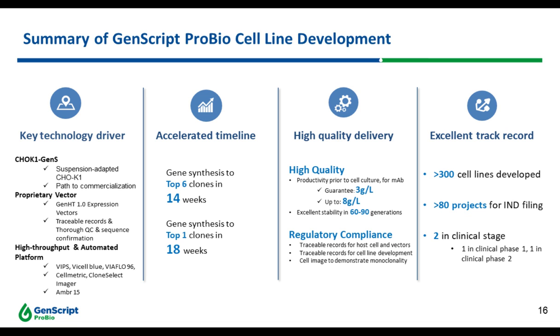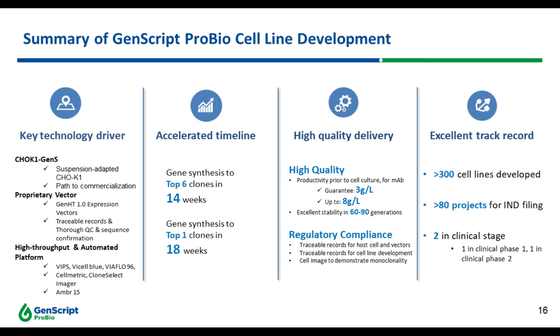You can accelerate your cell line development timeline, which means it accelerates the overall drug development timeline. From gene synthesis to top clones requires only 14 weeks, and from gene synthesis to the final clone about 18 weeks.